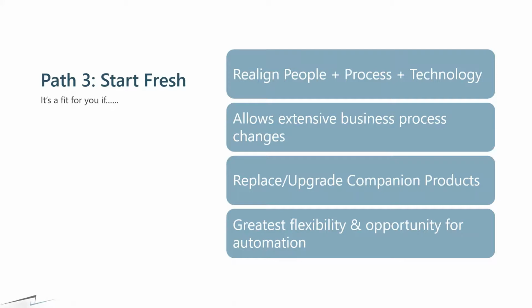Some examples might be that your chart of accounts is outdated and you're doing a lot of manual intervention when you're doing your final financial report outs to either roll up or reclass transactions from one account to another.